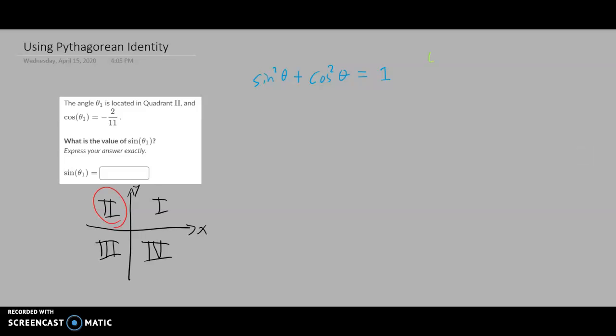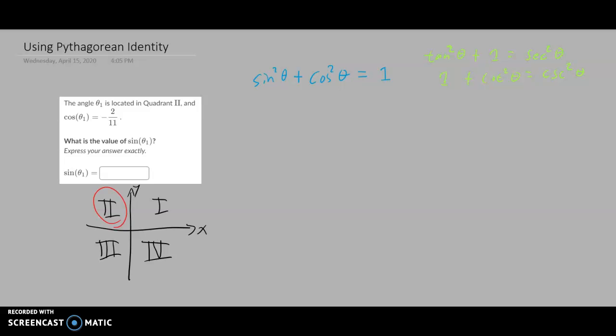We have tangent squared of theta plus 1 equals secant squared of theta, and we also have 1 plus the cotangent squared of theta is equal to the cosecant squared of theta. So these are our other two Pythagorean identities. We're not using those in this problem, but I just wanted to point those out. Those are the other two important ones. But let's go back. We're dealing with this one right here.